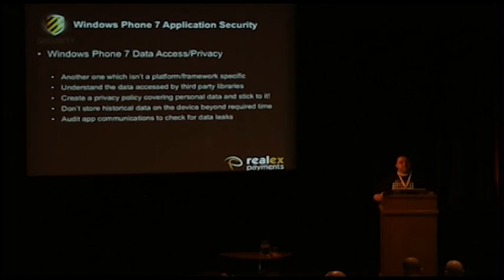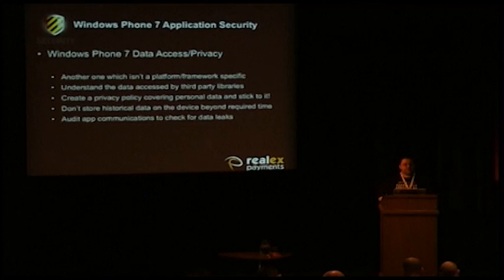But where it becomes a bit different is if you already have data access policies around what you can and can't access, where you store it, how you destroy it, you might not have included mobile-specific data in it yet. So make sure that you have these data policies, a privacy policy around all the things we should have for other data. Make sure they include the mobile data, and make sure that when you design, develop, review these applications that you consider those things as well.